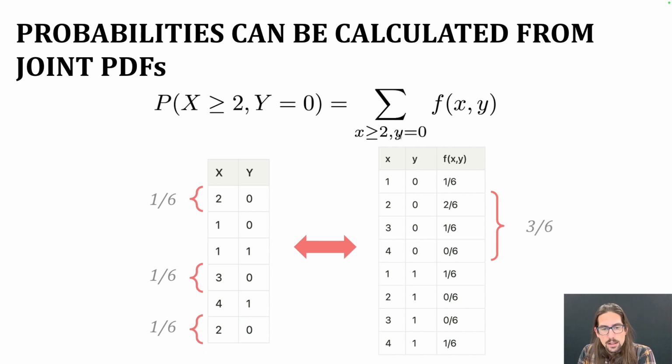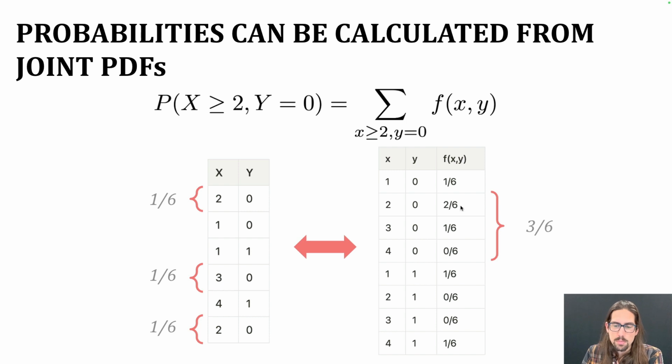So if I want to calculate the probability that x is greater than or equal to 2 and y is 0, I could just count the rows in the population data set. I could also just sum up the values corresponding to the allowed rows in this condition, which are any number greater than or equal to 2 here, and a 0 here. So if I look at the rows where that happens over here, I have 2 plus 1 equals 3, 3 out of 6.